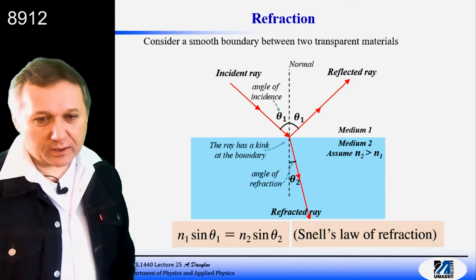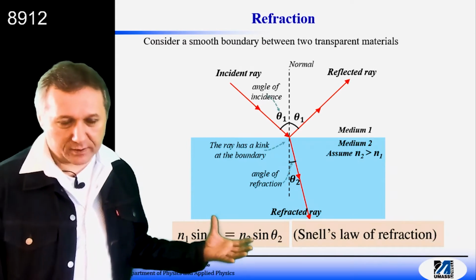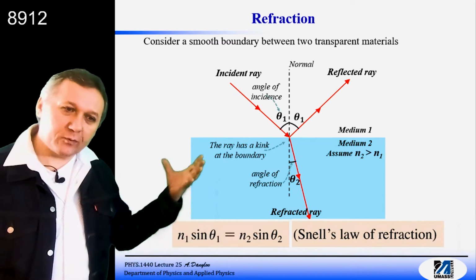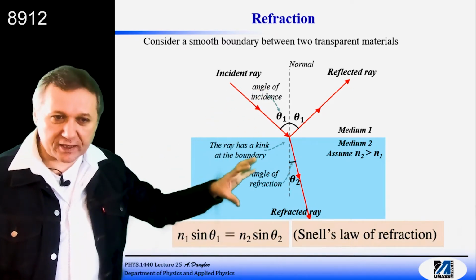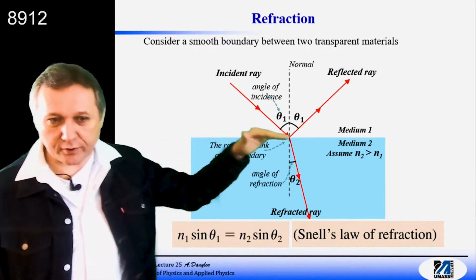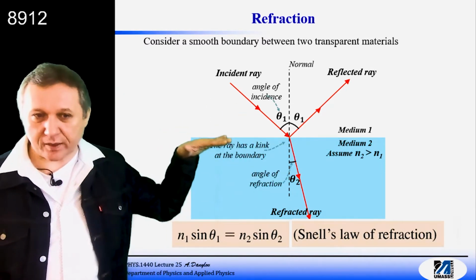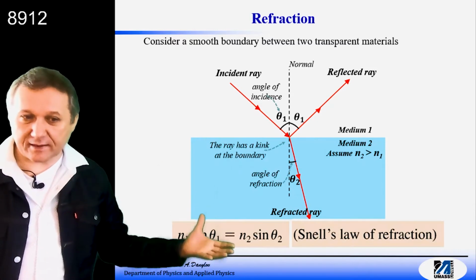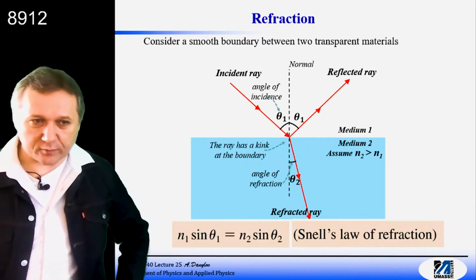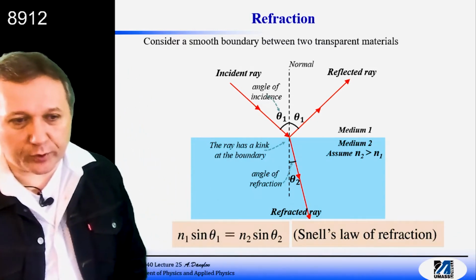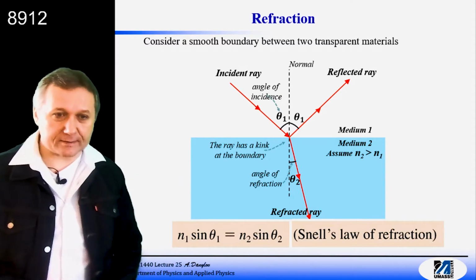Again, it can be derived: if you write a wave equation for each medium and apply a boundary condition, matching some parameters at the boundary, you get this automatically. At some point you will do it in higher level classes.